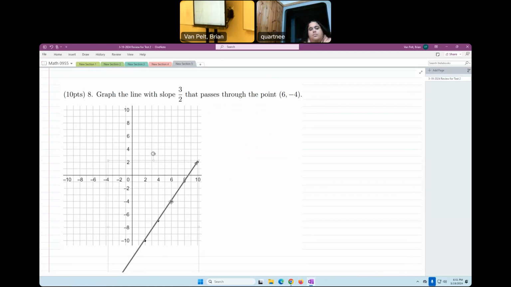So if you're at this starting point here, where do you go to put another point down? How do you move? Up 3, and 2 to the right.